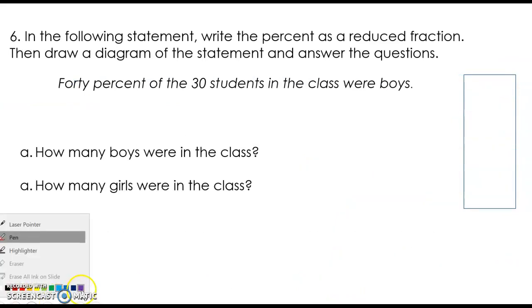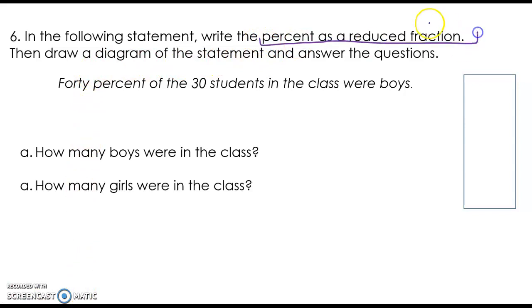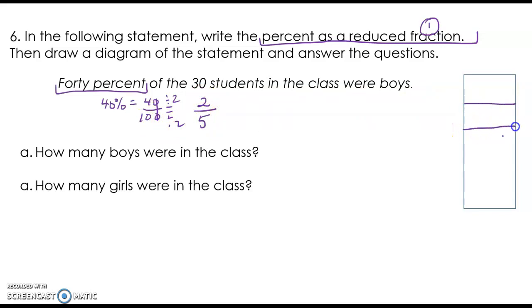All right, new color, new page. In the following statement, write the percent as a reduced fraction. This is step 1. Then draw the diagram and answer the questions. So we have 40%, so I'm going to stop right there. I don't even know what the problem's about, but it said to reduce it, so I'm going to reduce it. Divide by 2, divide by 2, so 4 divided by 2 is 2, 10 divided by 2 is 5, so I know that I need 5 spaces here. 2, 3, 4, 5.